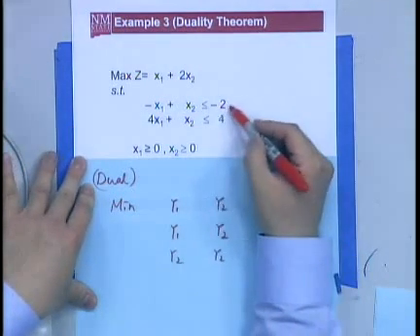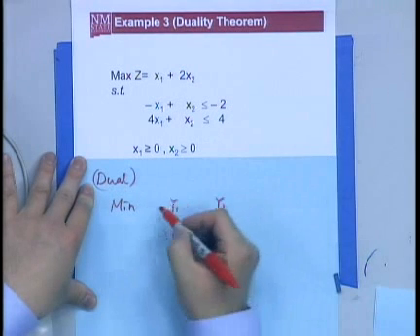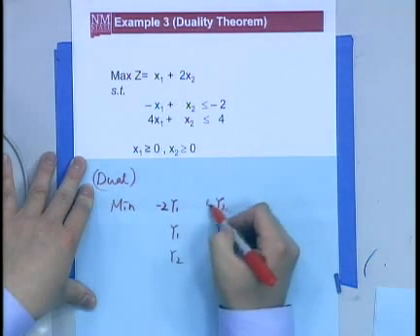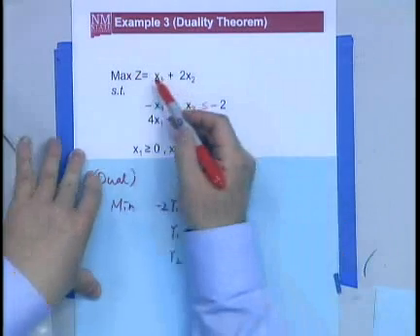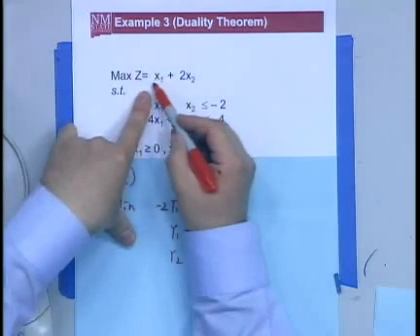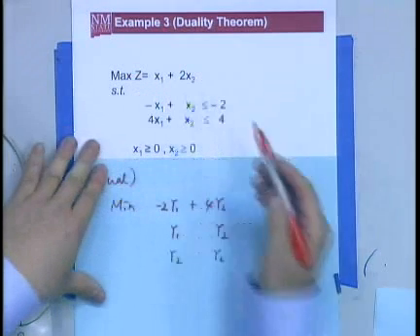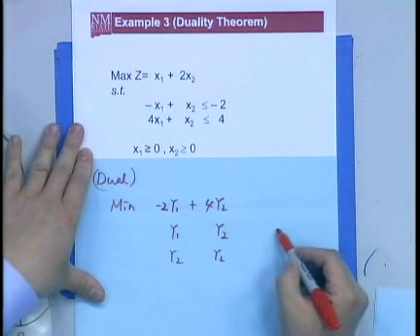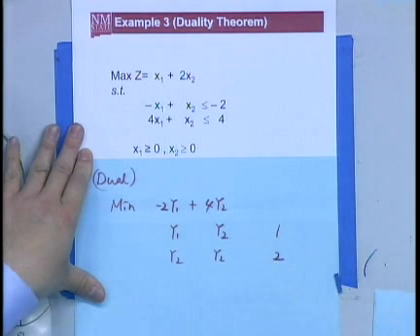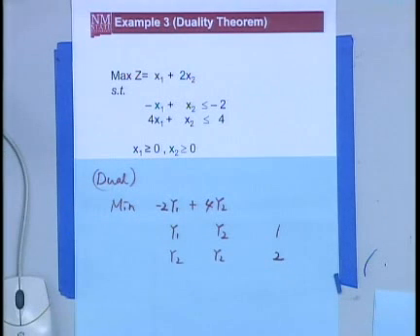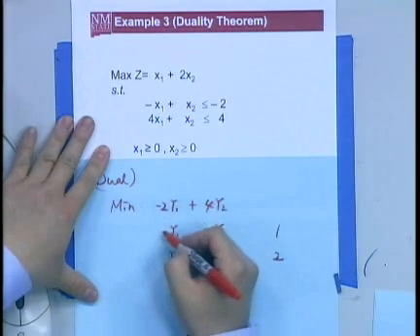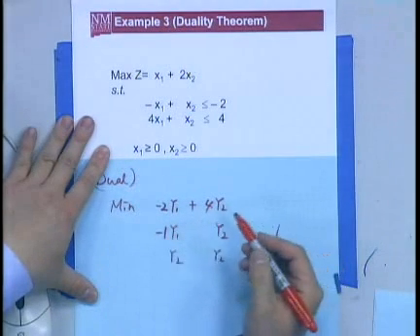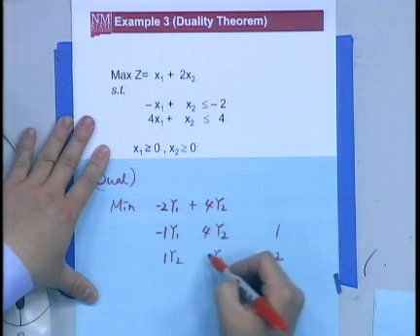Because the right-hand side value is negative 2, 4, the objective coefficient becomes negative 2, 4. The objective coefficient in the primal problem is 1, 2. So the right-hand side value in the dual problem becomes 1, 2, right? And the constraint coefficients would be negative 1, 1, 4, 1, right?